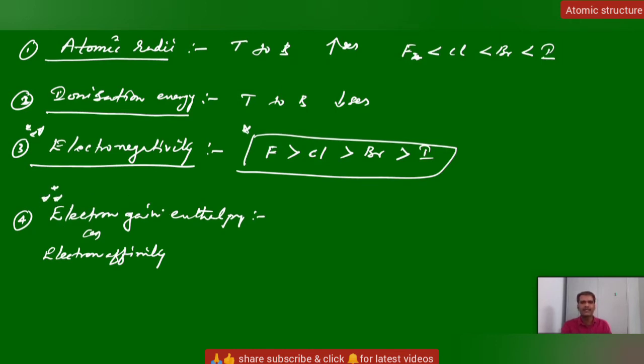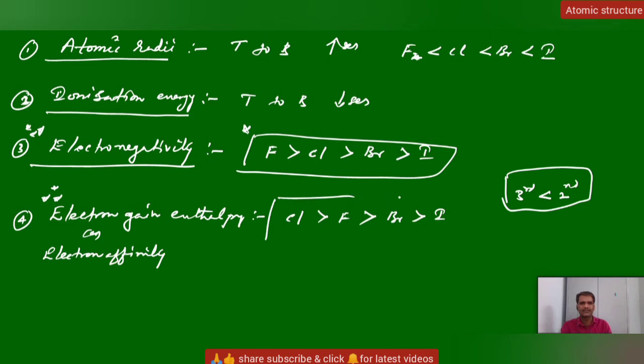Generally electron gain enthalpy values decrease top to bottom, but we can see some anomalous behavior between second and third period elements. In most cases, second period elements have less electron gain enthalpy than third period elements. That is due to the small size of second period elements, some abnormal behavior. So similarly here, the electron gain enthalpy of these group elements is like this. Chlorine has more electron gain enthalpy than fluorine, then bromine and iodine.